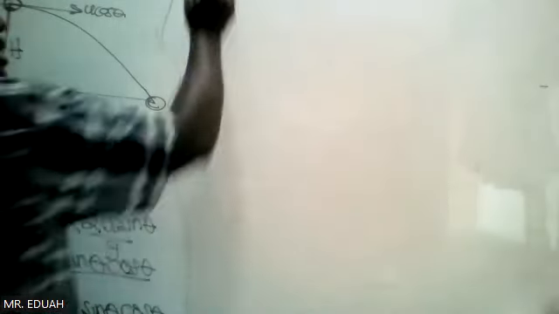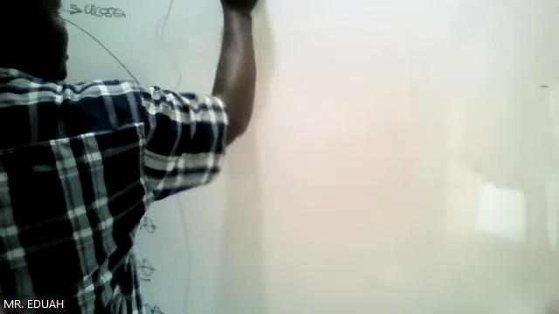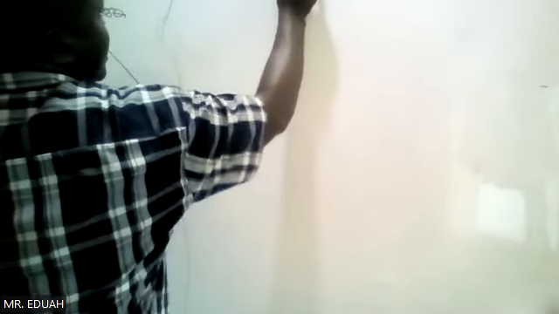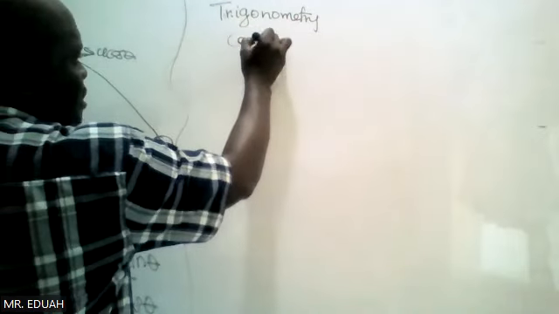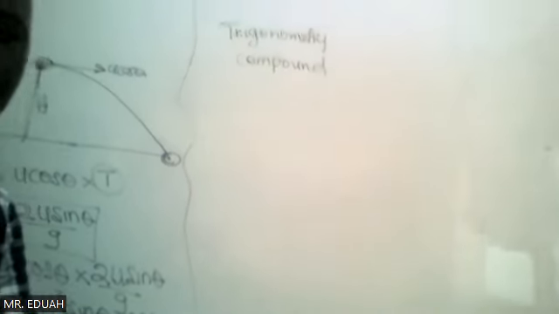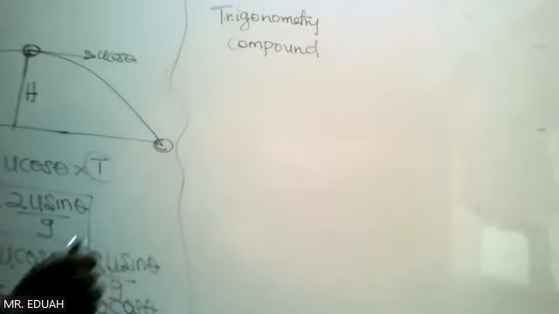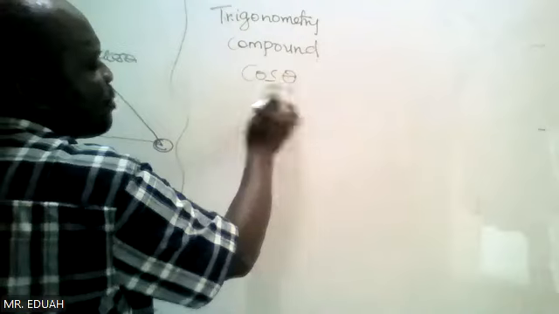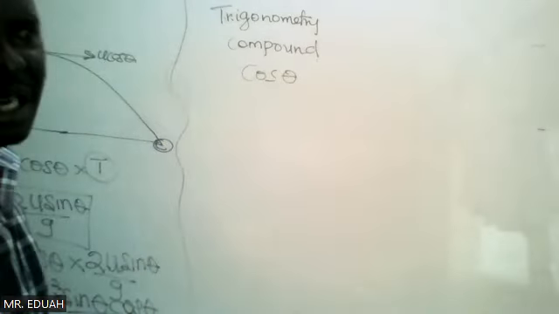Now, trigonometry is about measurement of triangles. In trigonometry, if you have what we call a compound angle, this is it. If I write cos of theta, this is a simple angle, one angle, and I'm taking the cos of it.